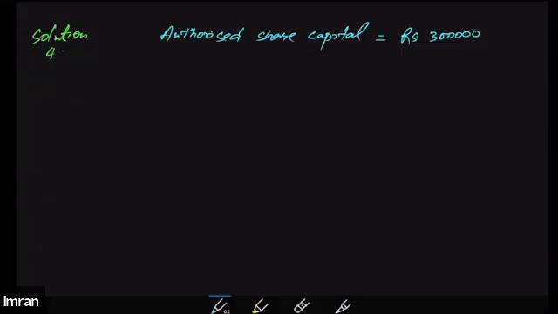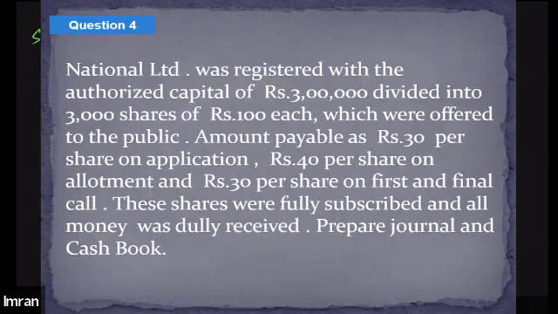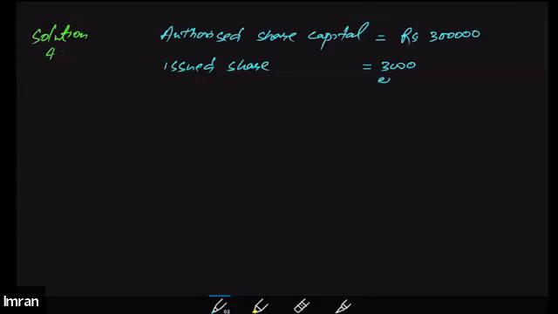That means issued share capital is also 3,000 equity shares of rupees 100 each. 100 each is basically, 100 is what? 100 is the face value.